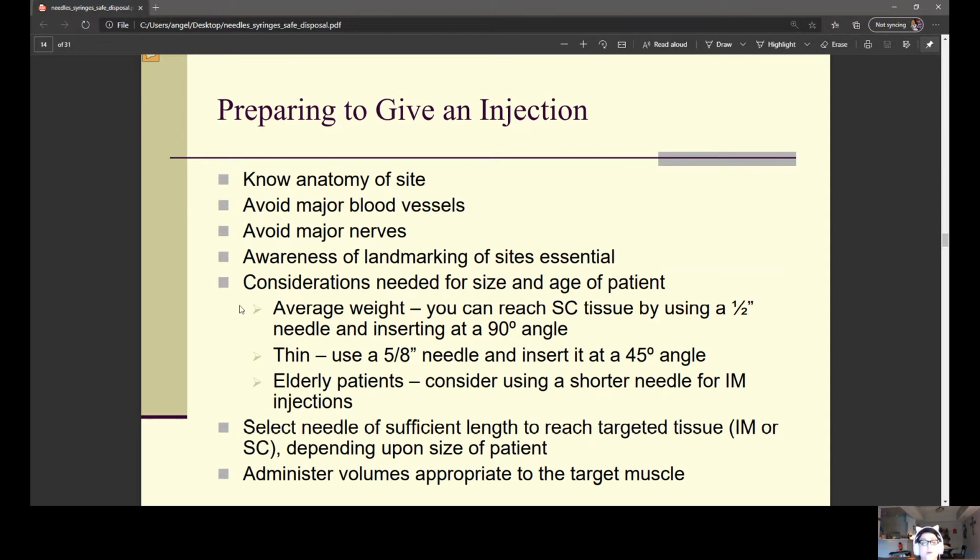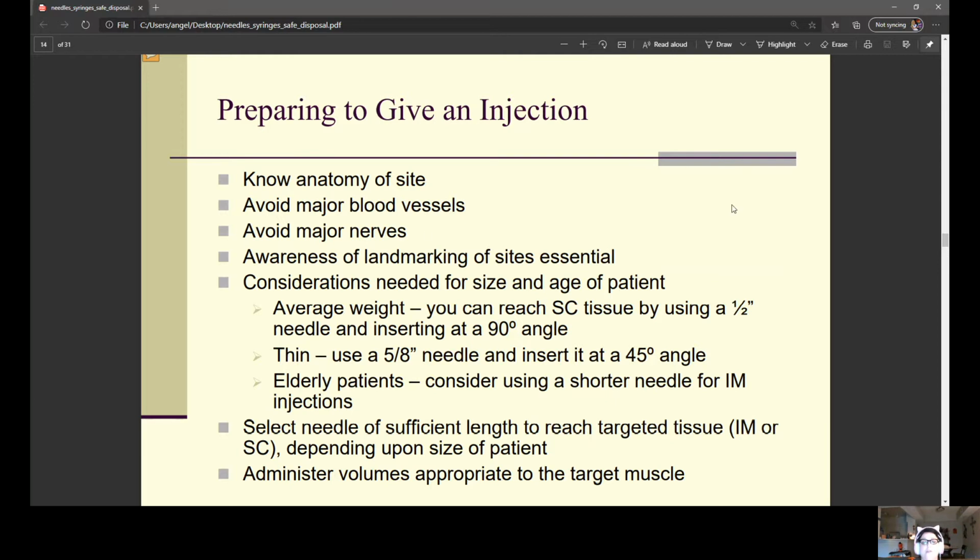Okay? You also need to make sure that you think about your patient's weight and their size, because thin elderly people are not going to need the same gauge of needle that a 250 pound, 6'4" guy is going to need, right?